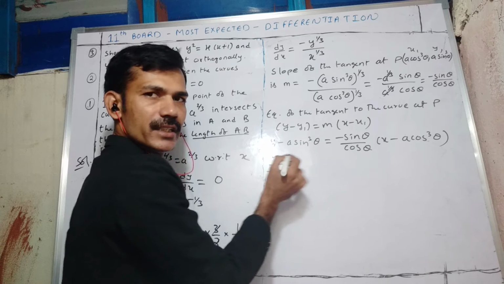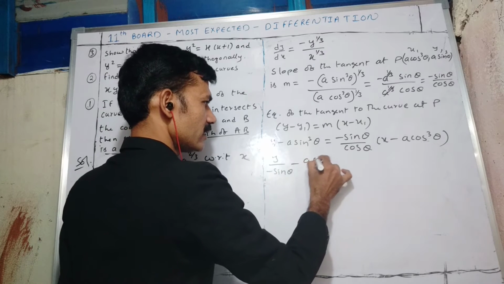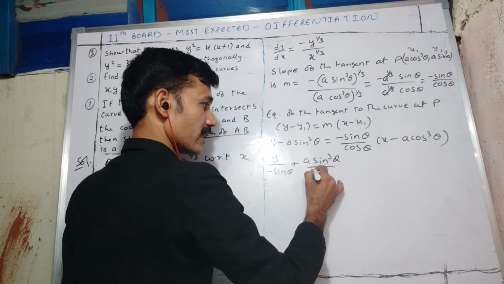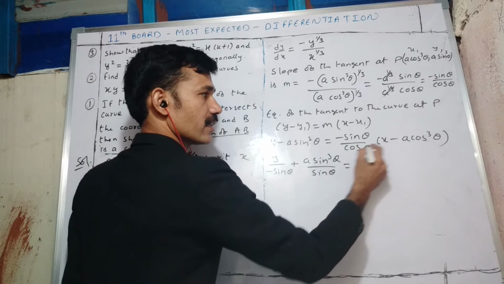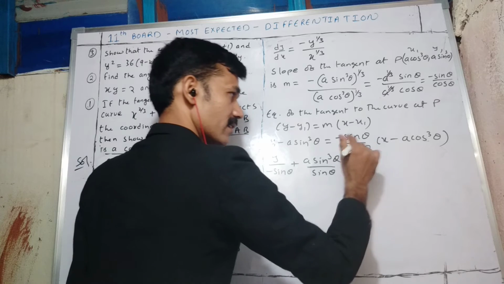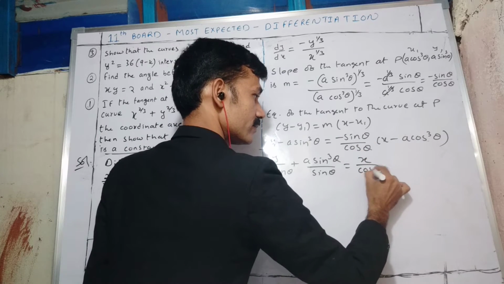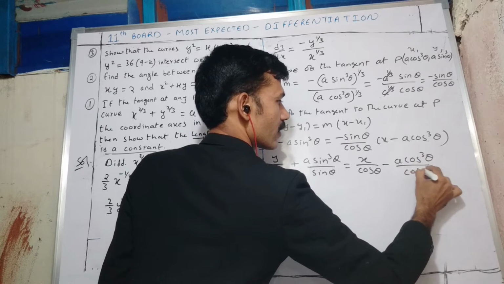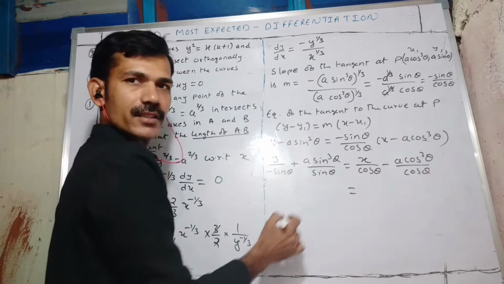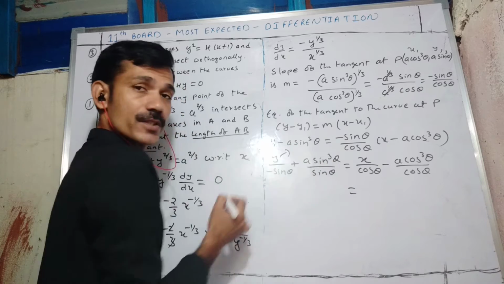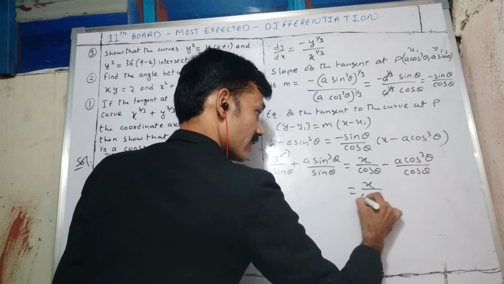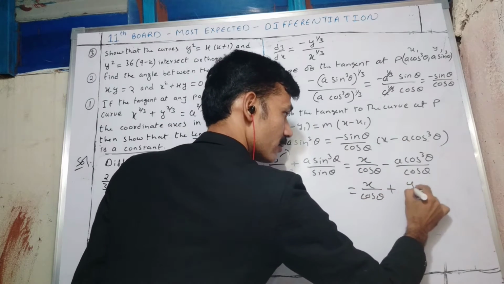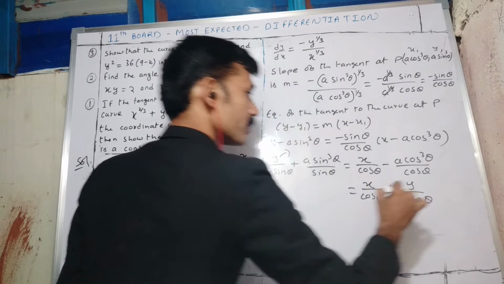So we can divide each and every term by minus sin theta, and here we can write plus. There cos theta is there, divide this by cos theta. So here x/cos theta, and minus y/sin theta if we transpose, it will become plus y/sin theta.